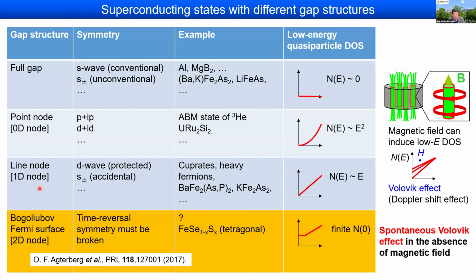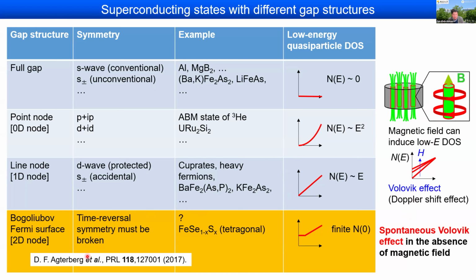If you have line nodes and you apply a magnetic field, you can create supercurrent around vortices that causes the so-called Doppler shift of quasi-particles. And indeed, you can induce low energy density of states, which is called the Volovik effect.